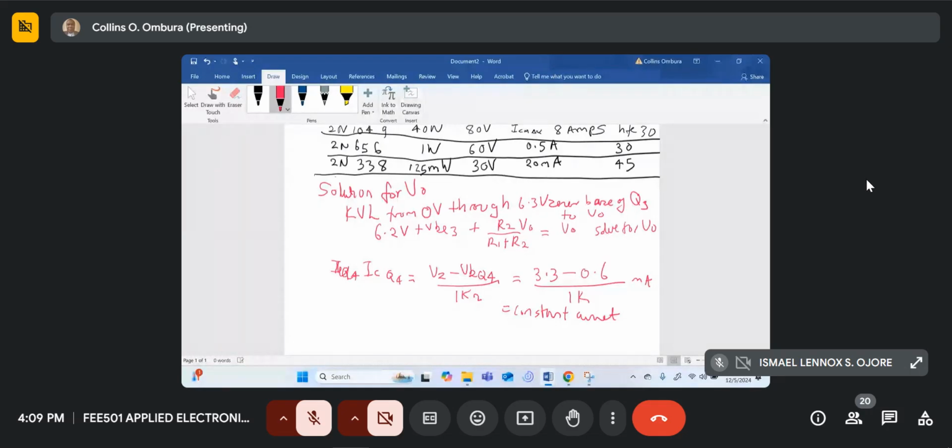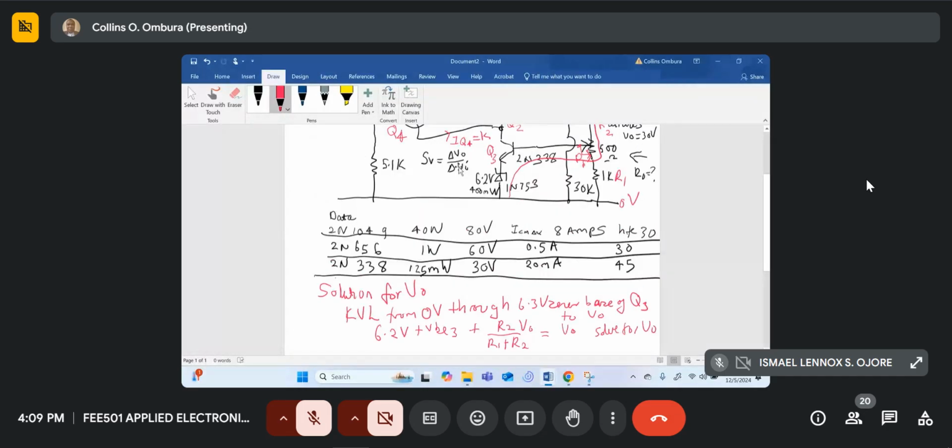Okay, so that will be the supply current. So this supply current over here, some of it is going to be divided down to Q3, some of it is going to be driven to the base of Q2. Now, if you know that, then in fact, the answer, you just solve this one.